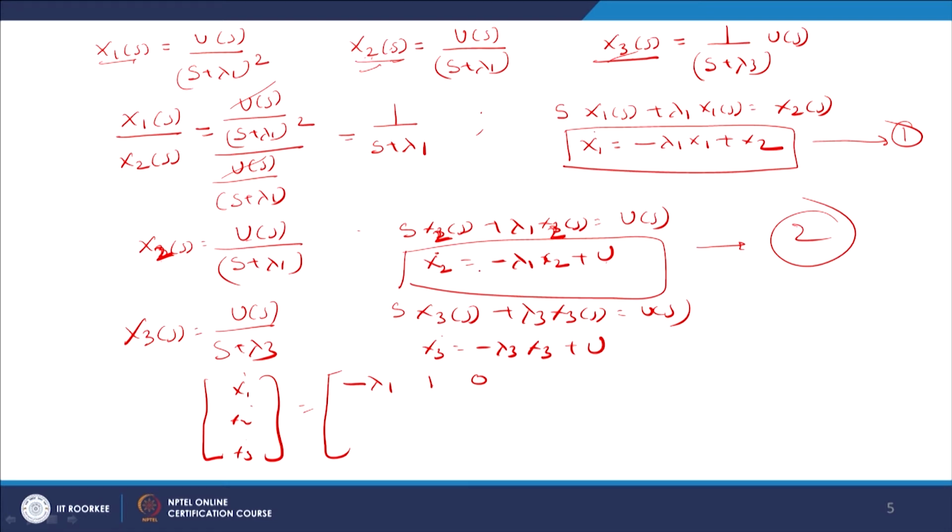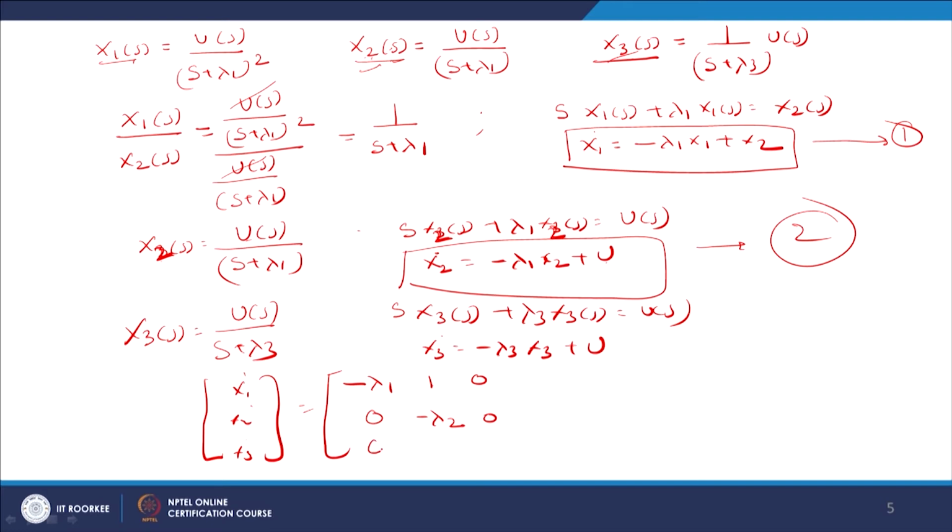Now, x2 dot is minus lambda 1 x2 plus u, so the terms of x1 and x3 are 0 in x2 dot. Similarly the term of x3 is 0 in x1 dot. So, we write 0, minus lambda 2, 0, and lastly x3 dot equals minus lambda 3 x3 plus u.